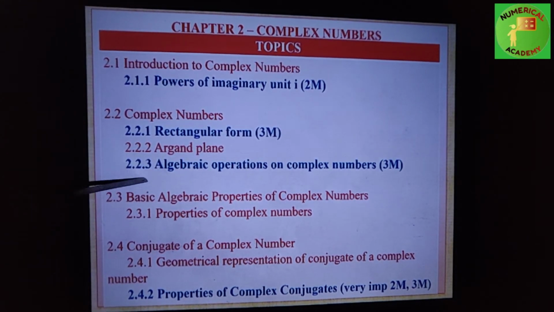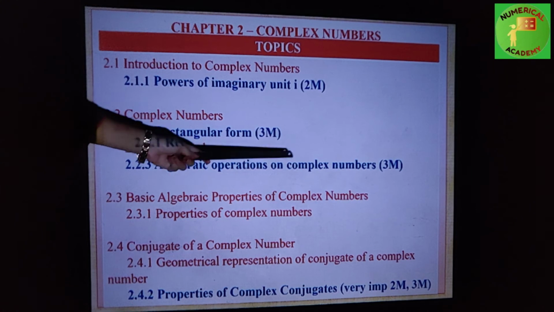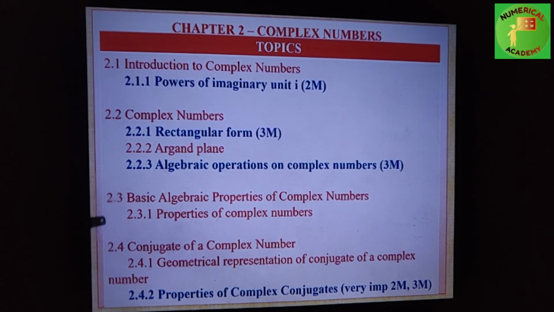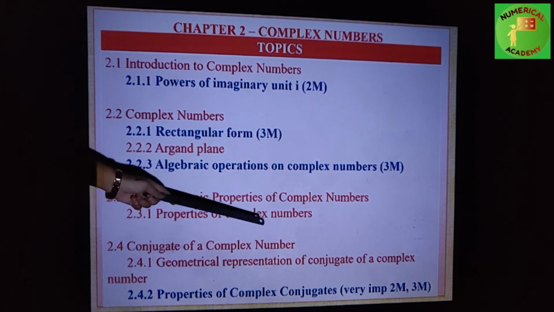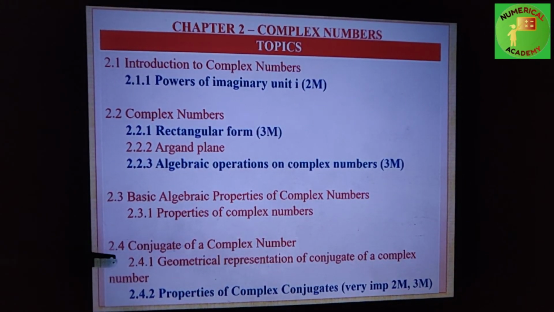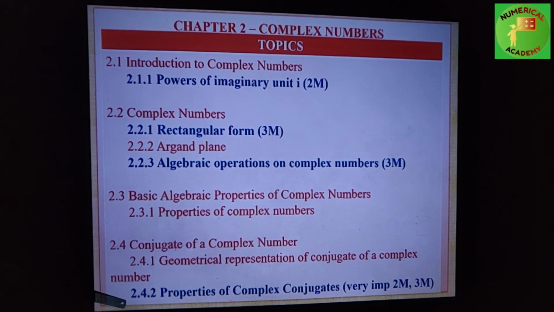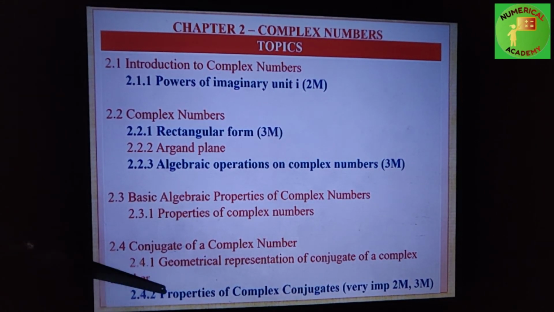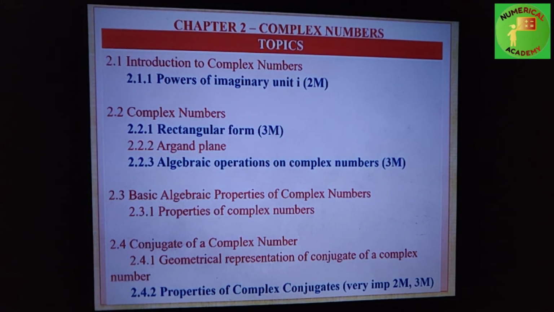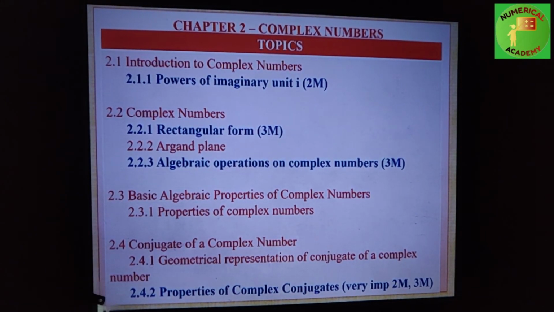Then 2.2.3, algebraic operations on complex numbers, which covers 3-mark questions. Then properties of complex numbers, you can simply see for 2-mark questions. Then in 2.4 you have the subtopic 2.4.2, properties of complex conjugates, which is a very important 2-mark as well as 3-mark question.